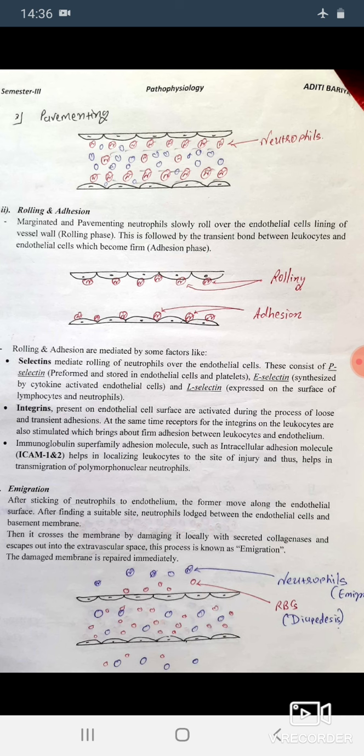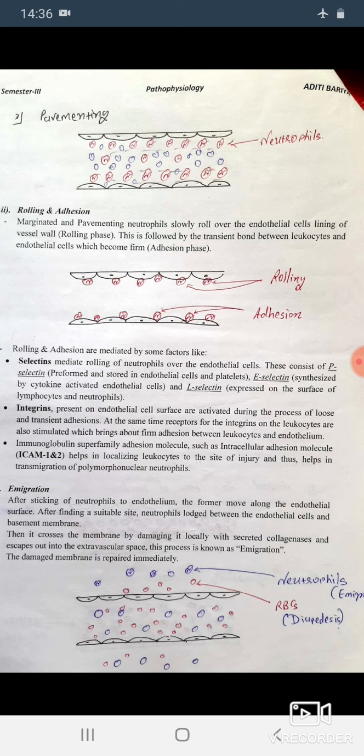And this is followed by the transient bond between the leukocytes and endothelial cells, which becomes firm, and that is the adhesion phase. So during that rolling, at one time a bond is formed between the leukocyte, or you can say neutrophil, and the endothelial cells. And when a bond is produced between these two cells, the neutrophils stick over there, right?